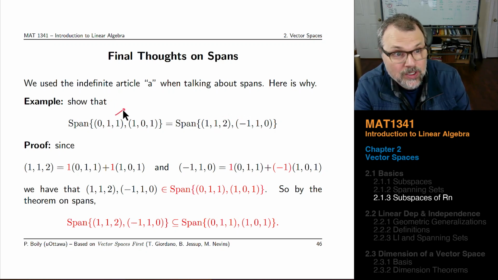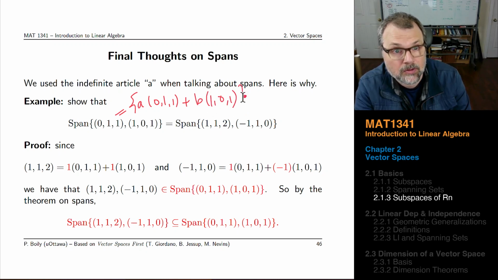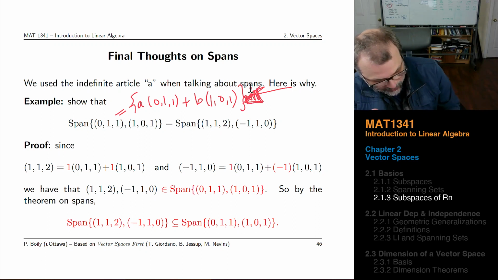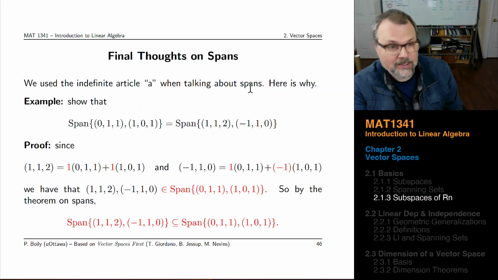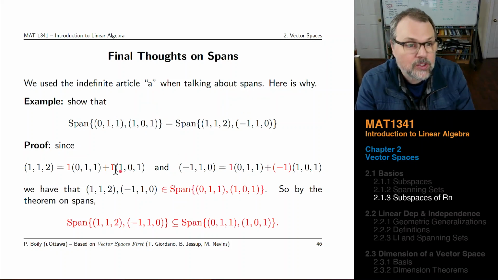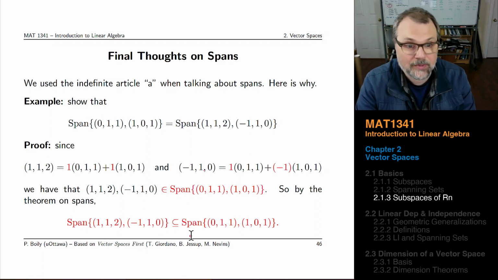And because this is really the set of all linear combinations of the vectors 0, 1, 1 and 1, 0, 1, then these two vectors, on the strength of these linear combinations, belong to that first span. So by the theorem on spans, what this is telling us then is that the span of these two vectors also has to be contained in the span of the first spanning set.